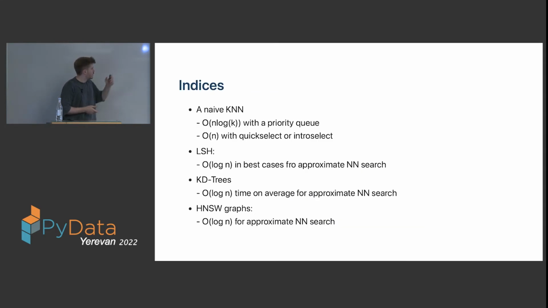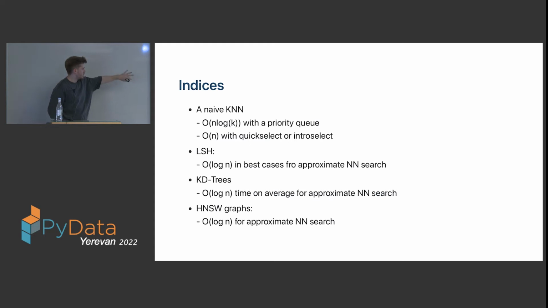But we're not using the naive KNN implementation. We're not trying to find the actual k nearest neighbors. Sometimes for that we use indices. You can think of them as data structures where you can find something more quickly than with naive implementations like naive KNN.